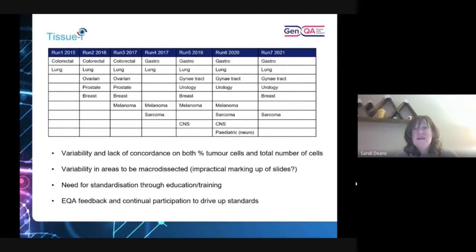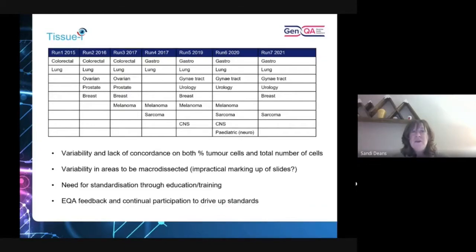And a lot of the cases from today's webinar have been taken from these EQAs. Also, prostate has now become urology, really just to expand the cases that we can provide for the EQAs, and breast, melanoma, sarcoma, CNS and pediatrics are those tissue types that we rotate. So we do try and have enough cases and tumour types included so we can offer this EQA to as many individuals as possible.